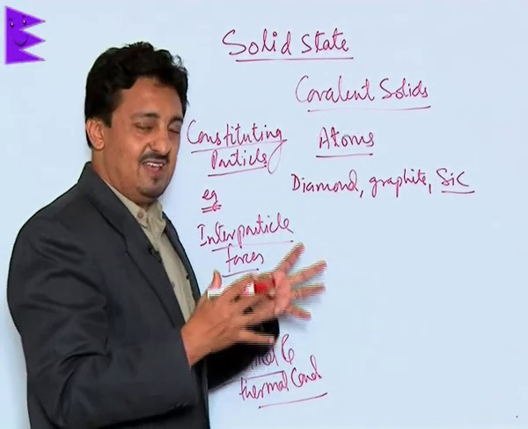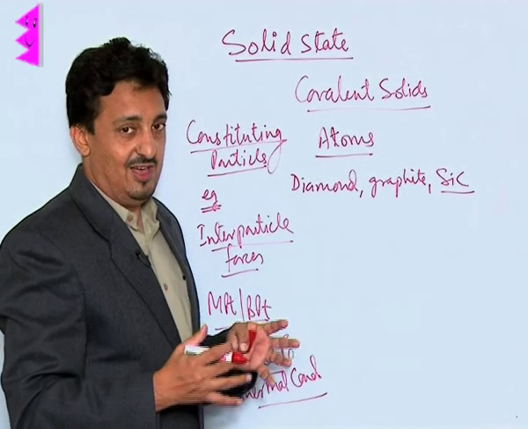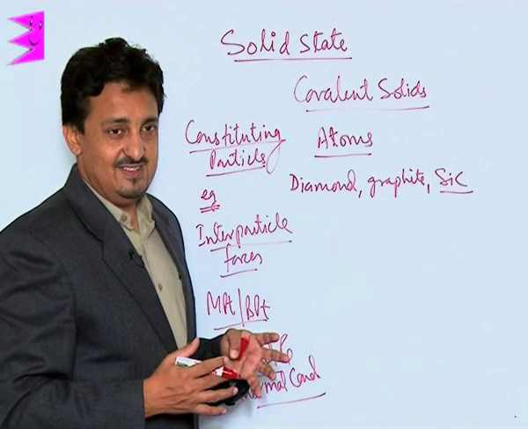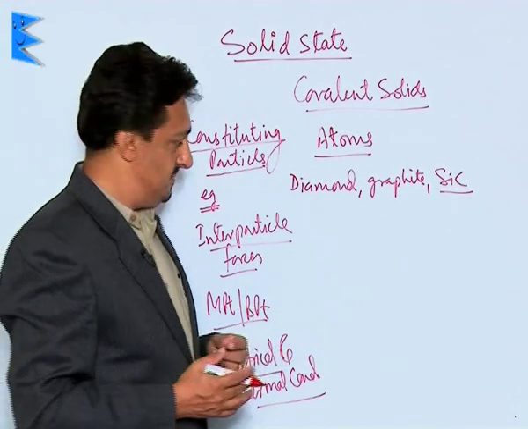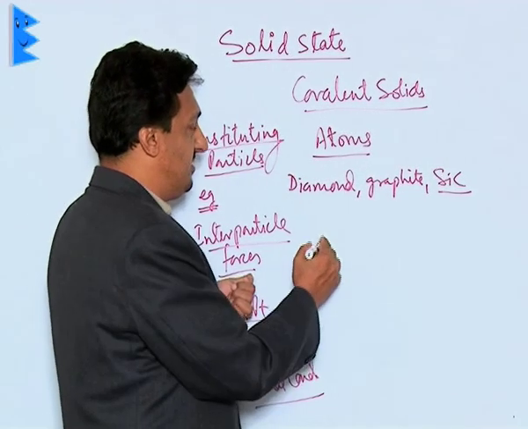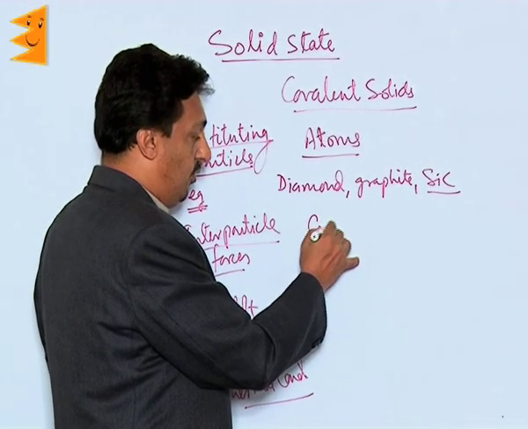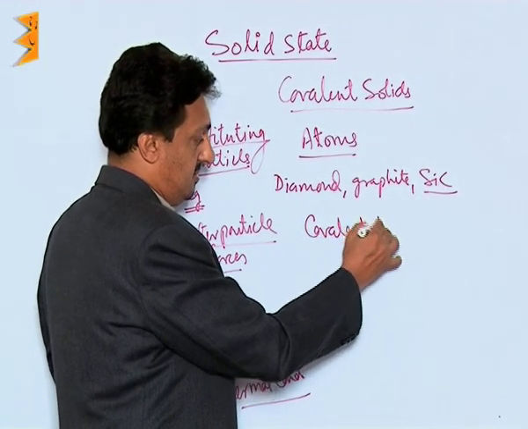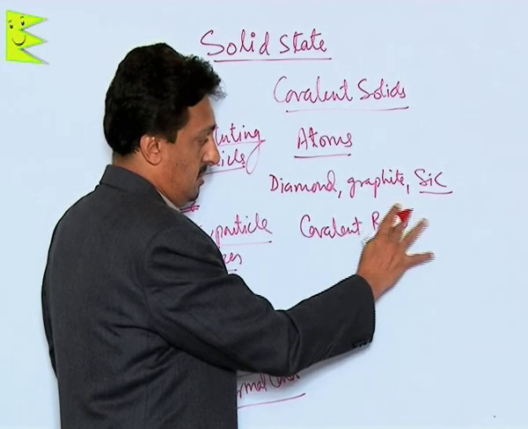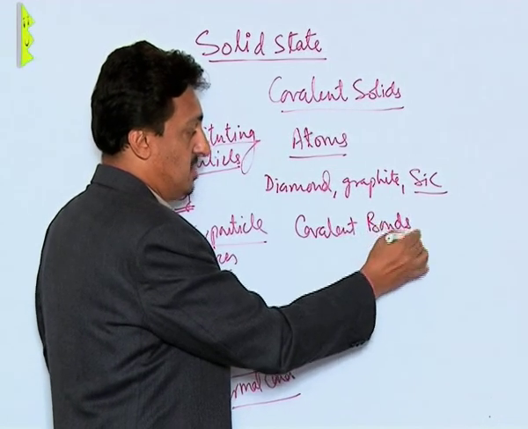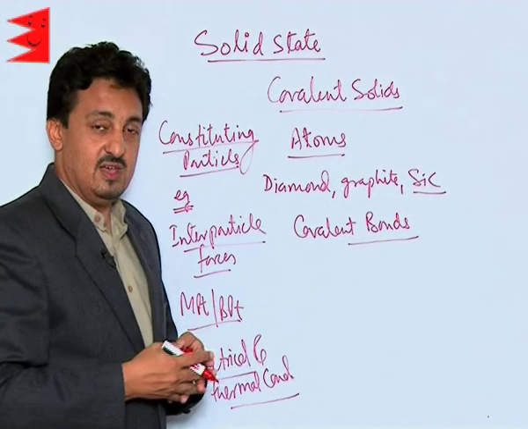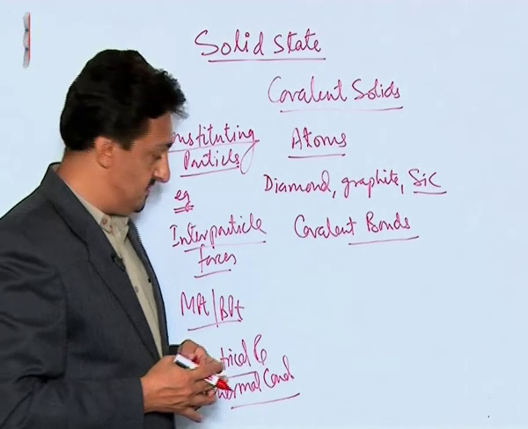All these are examples of covalent solids which exist in the crystalline state. The interparticle forces in these solids are strong covalent bonds, formed by the overlapping of atomic orbitals.